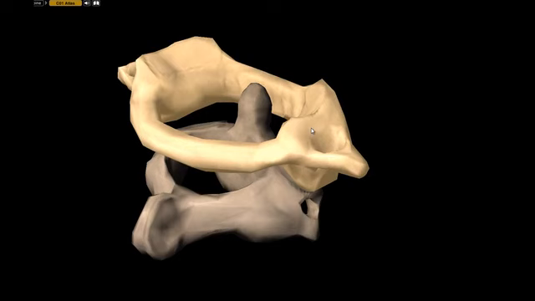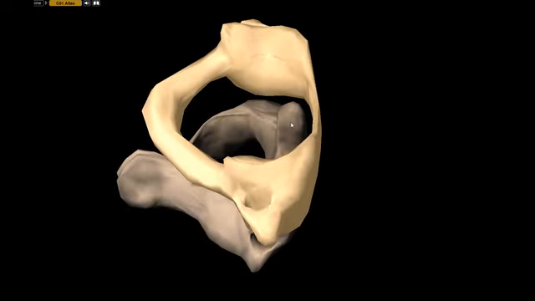So when I look at where the body would be for C1, the dens really takes that space. And when I look at the ligaments, which we'll do here in a second, what holds the dens against the atlas is what allows a significant amount of rotation to occur.